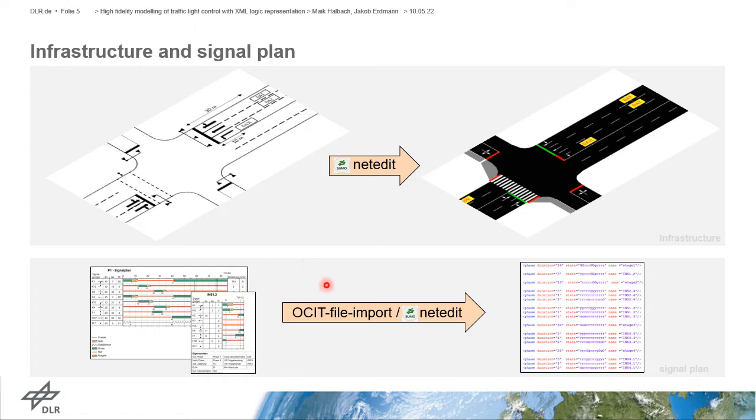So every possible signal pattern, including stages and interstages, and this could be done automatically with an OZIT file and the aid of the function sumo to OZIT, or it could be done by hand with NetEdit. And now we have predefined the infrastructure as well as the signal plan, and this information can be used in the XML file for the control.